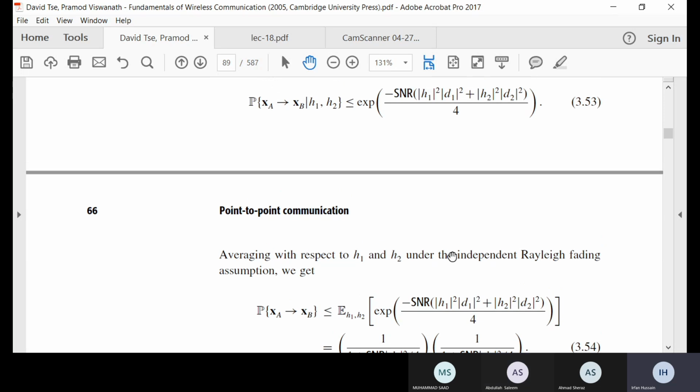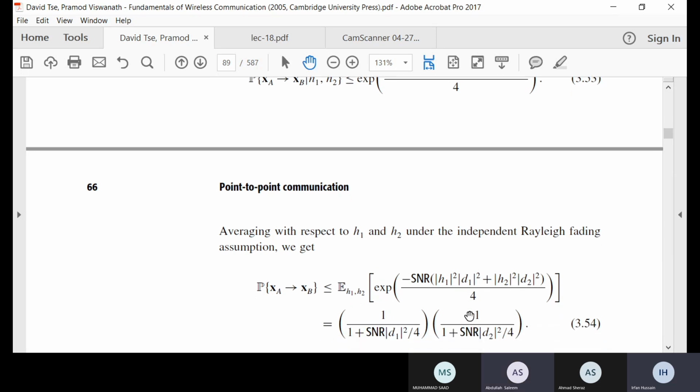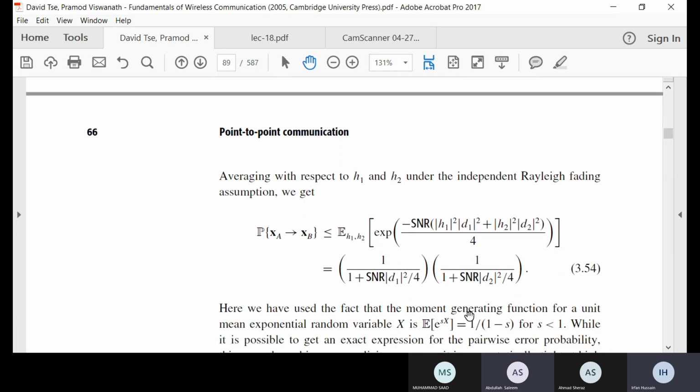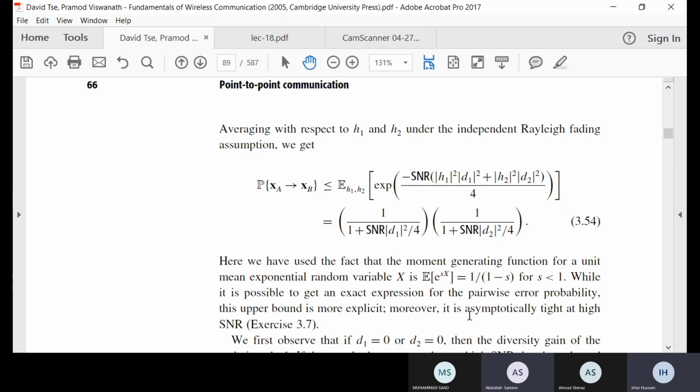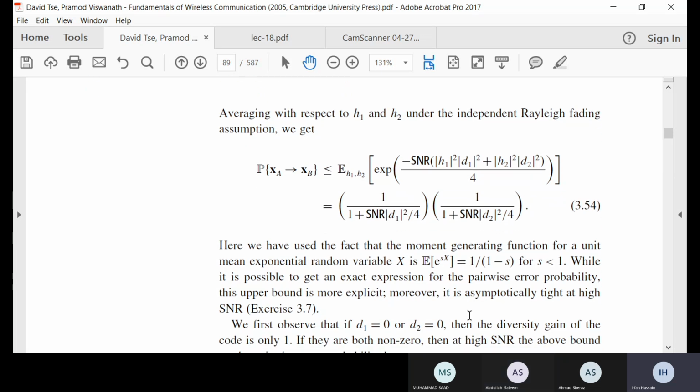This was for one h1, but I will try to find the expected value of the error. So you have to apply the expectation operator.